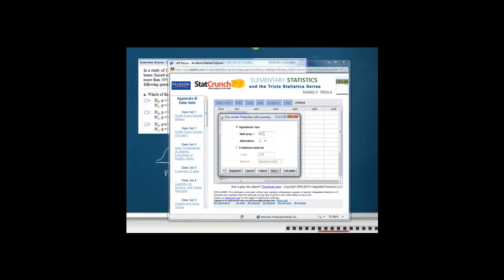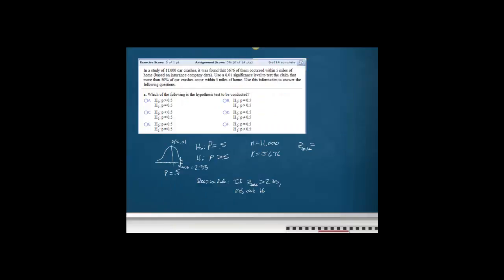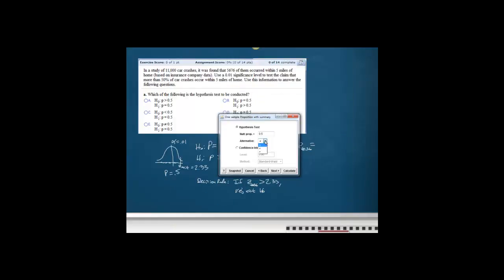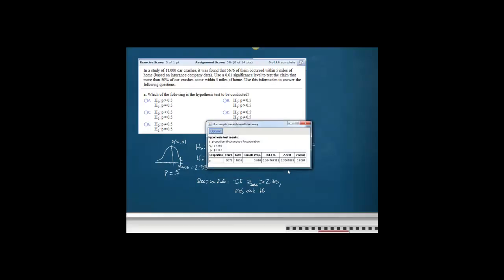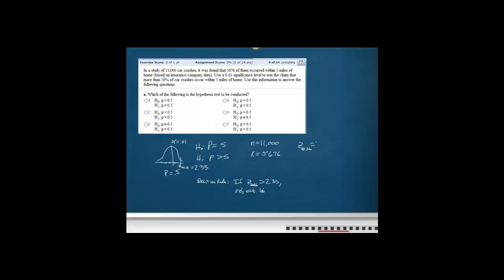Hypothesis test, and that null proportion is 0.5, and that's what we have here, 0.5. We'll make sure that our alternative hypothesis says greater than, and then we'll hit Calculate. This gives us a test statistic of 3.36 when we round to 2 decimal places.